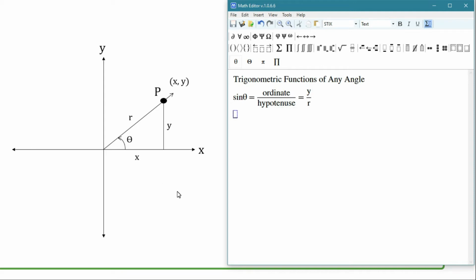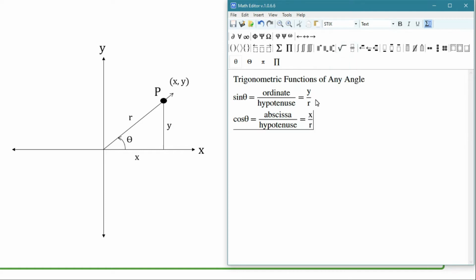Next, we have the cosine function. Cosine theta, previously defined as adjacent over the hypotenuse. The adjacent side is this side of the right triangle, and this contains our abscissa. So cosine theta is equivalent to the abscissa over the hypotenuse r, or simply x over r.